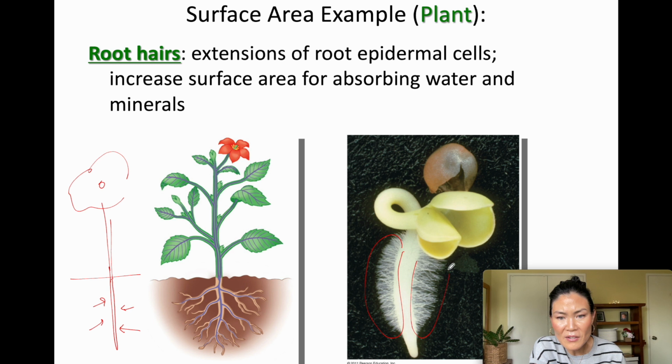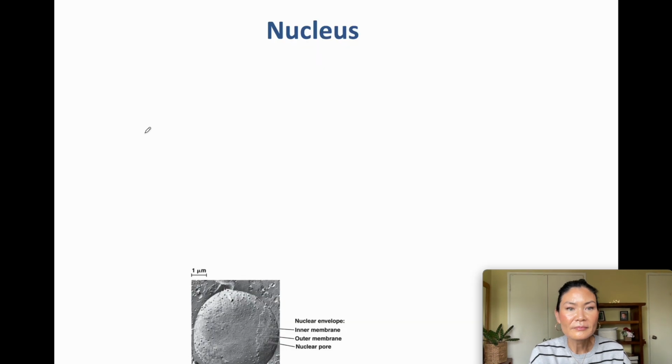These root hairs extend outward into the soil like this to increase surface area even further, right? Because plants need to increase surface area to absorb water and nutrients and minerals that the plant needs to survive, okay? So root hairs are, in plants, an example of increasing surface area to absorb water and minerals.